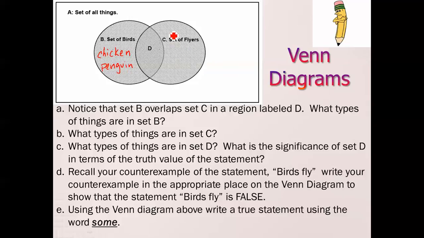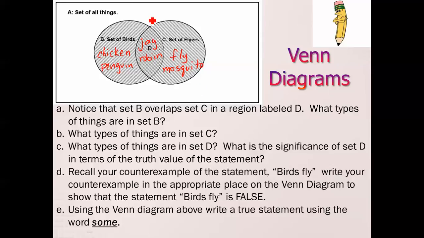And things that fly go in set C, but they can't be birds. So a fly, a mosquito. And in the middle in set D, that is the thing that is a bird and flies. So a robin, a blue jay.